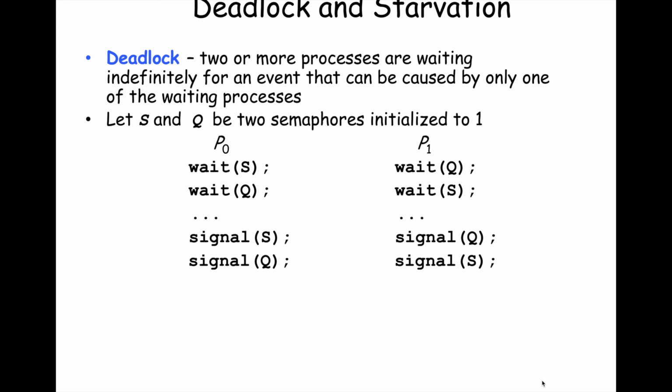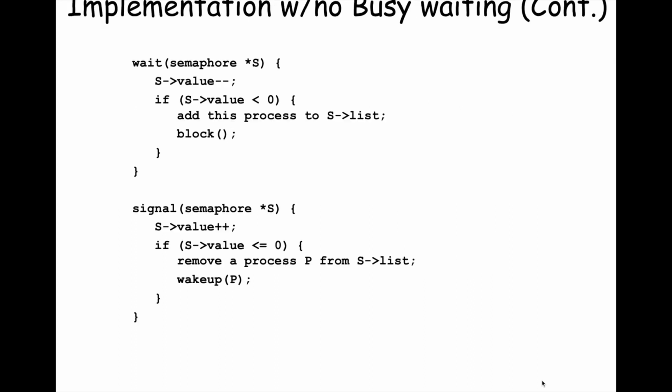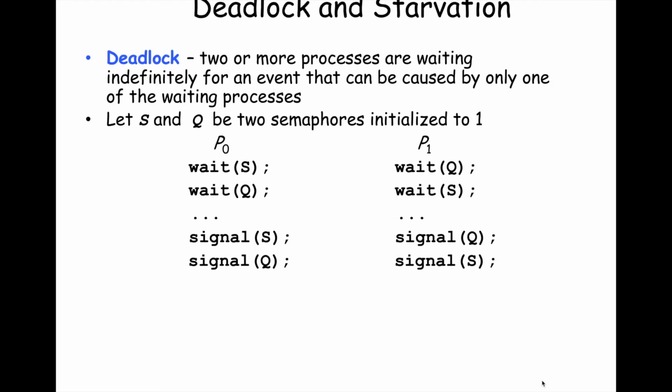And P0 starts out and waits on S, right, the first semaphore, and then waits on Q. And P1 waits on Q and then waits on S. Now, of course, if you do a wait, again, to remind you, you decrement that semaphore's count, right? And let's make the assumption here that these semaphores are initialized to 1, both of them. And because they're initialized to 1, this is the behavior of a mutex. Only a single process can enter the critical section.